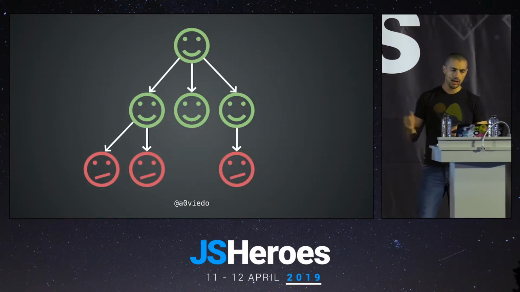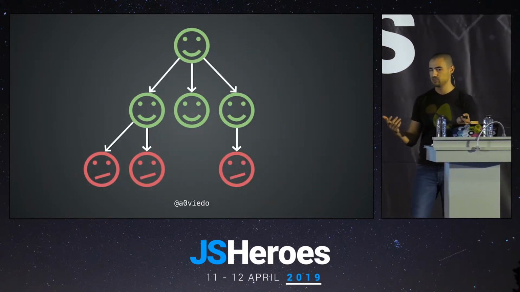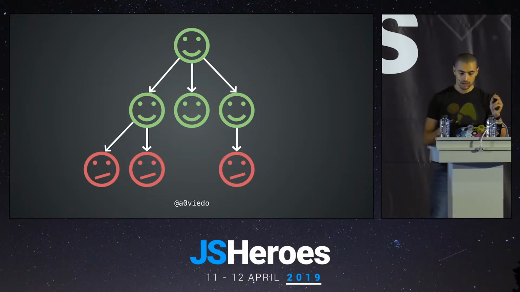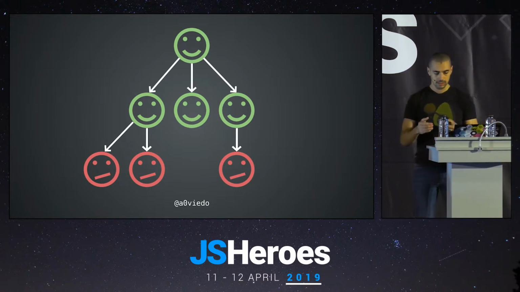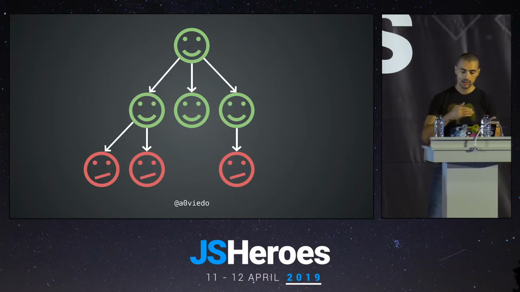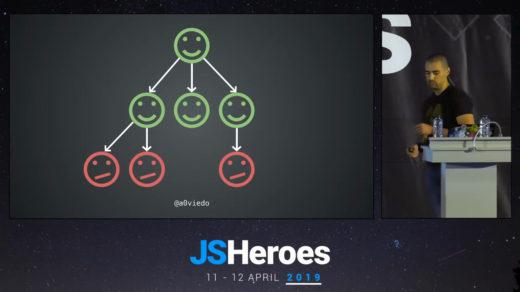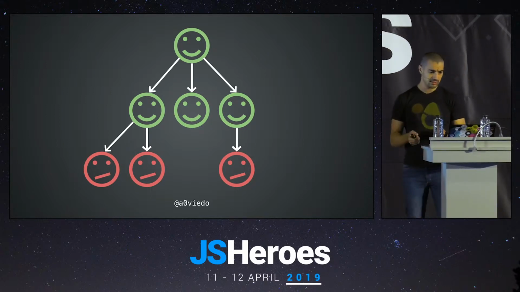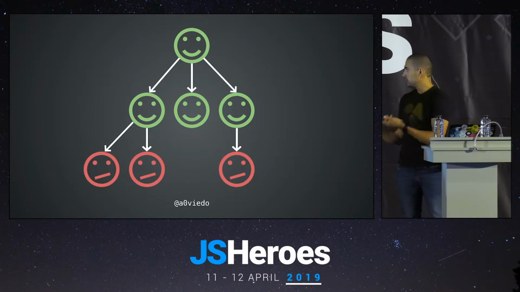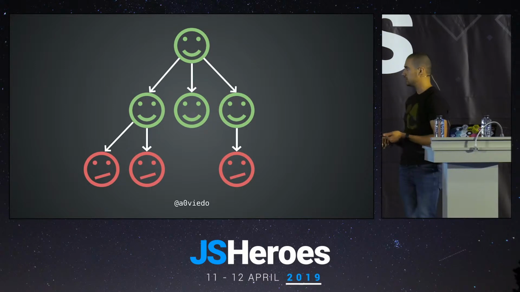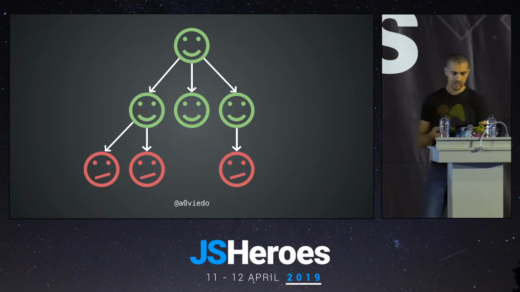So let's say you have a happy dependency tree. On the top, you have the package or the application that you're building now. And on the first level, you have what are called your direct dependencies. Your direct dependencies, again, will have other dependencies that will be your transitive dependencies.